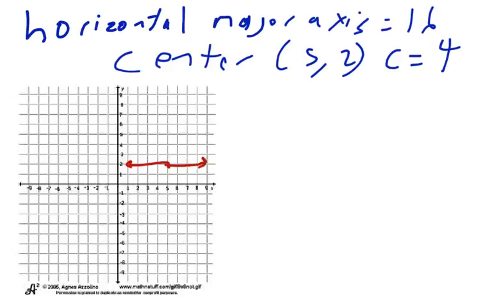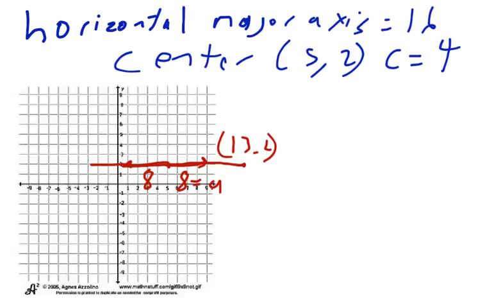Well, if I want the total to be 16, I better go 8 this way and 8 that way, and if that's my major axis, that has to be equal to a. So if I go 8, this should wind up over here at 13, 2, and if I went 8 this way, it should wind up at negative 3.